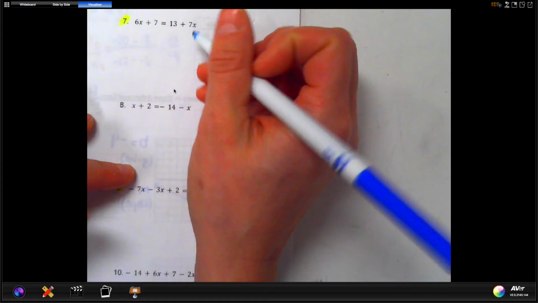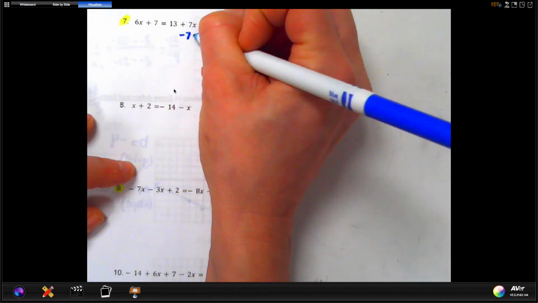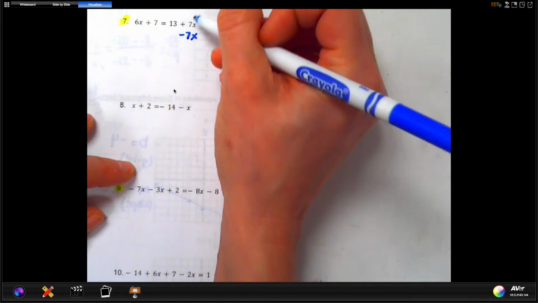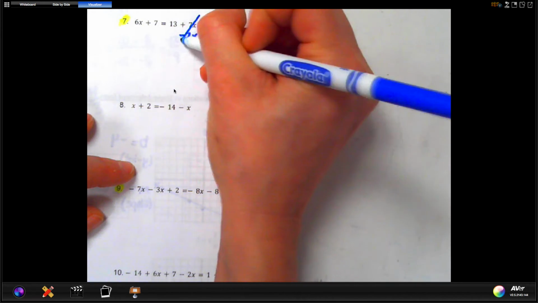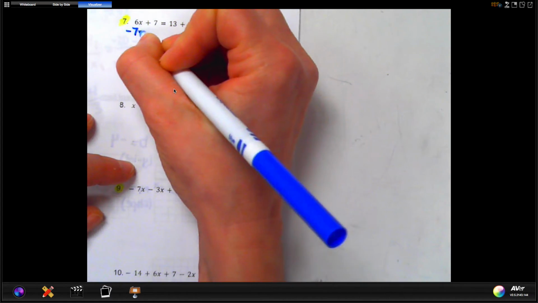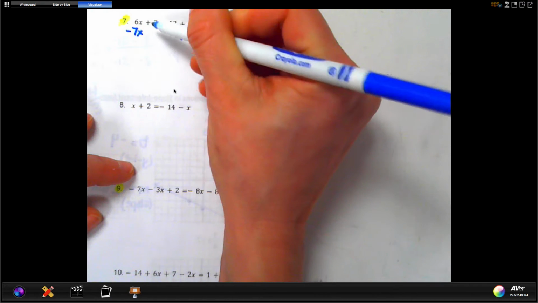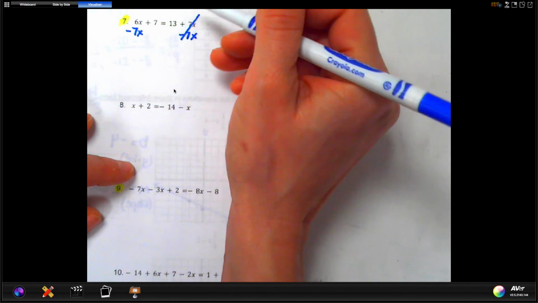Now, in my class, we learned to cancel out the one on the right side first, just to stay consistent. So we're going to cancel the 7x by subtracting 7x, but that means you have to subtract 7x over here. You must subtract it from the 6x, not the 7, because this 7 doesn't have an x on it.